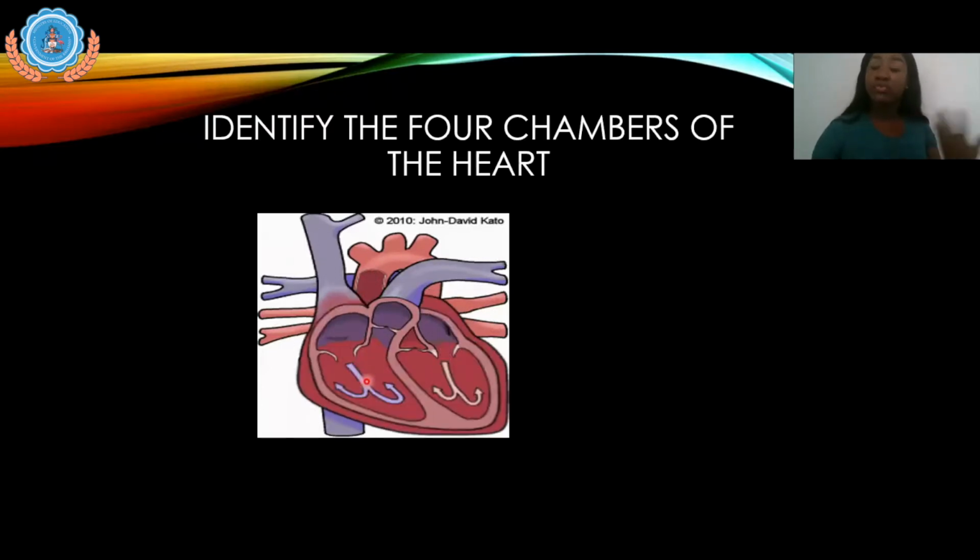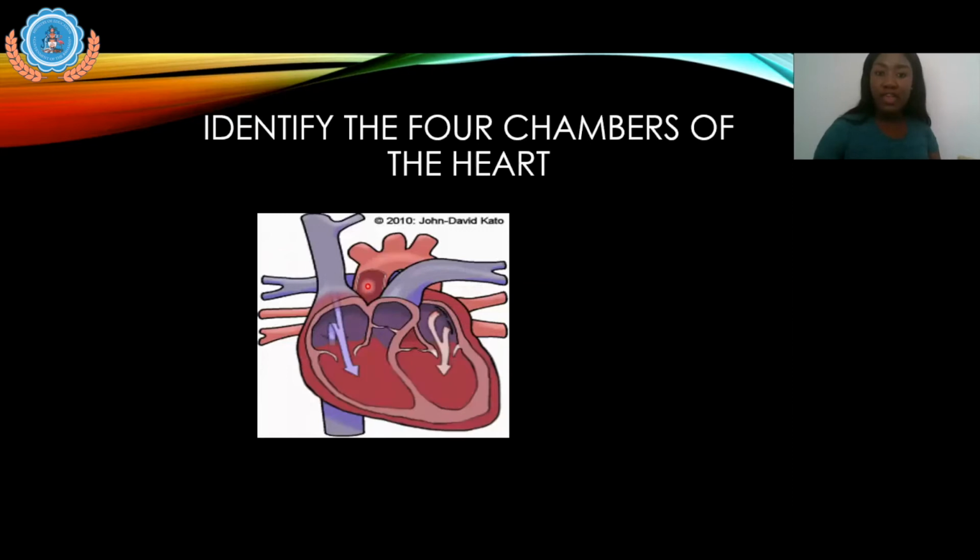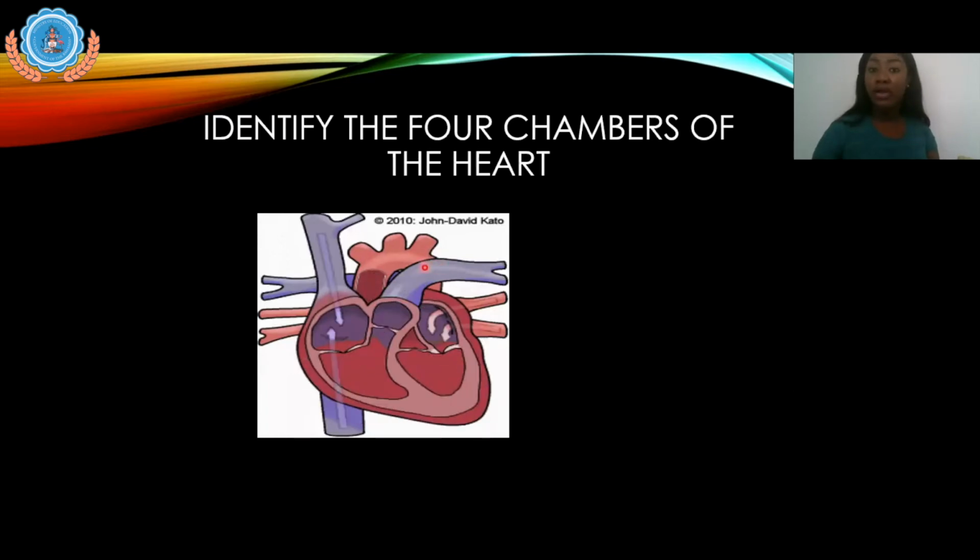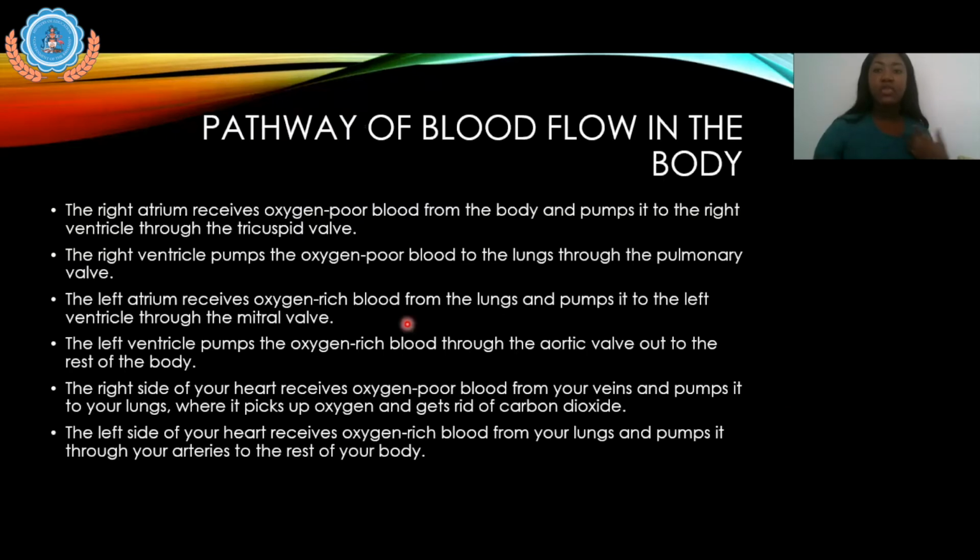Another way to remember, this piece right here is the aorta. So if this is the aorta, the next part of the heart underneath the aorta will definitely be the left atrium. So you can follow it from there. So the pathway of blood flow in the body.